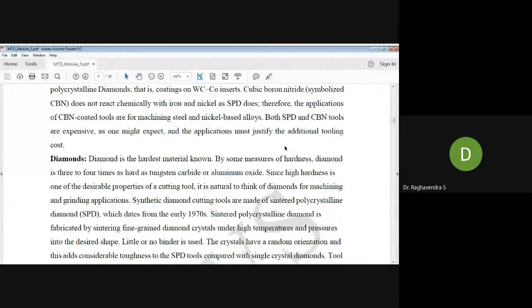It's a mixture. Alloy means two or three materials put together, and they manufacture the cutting tool because this material should be very hard, very tough, chemically stable, and should withstand high temperature. If you want to get all these properties, then I should use alloys.